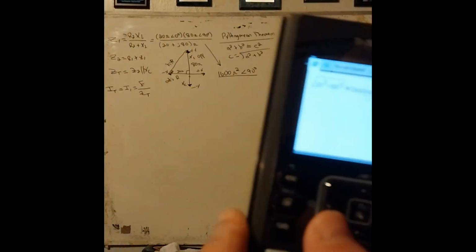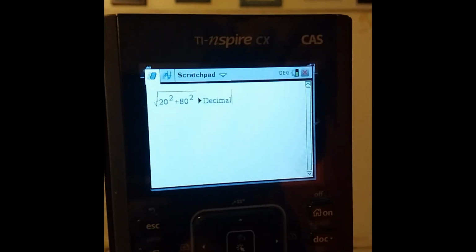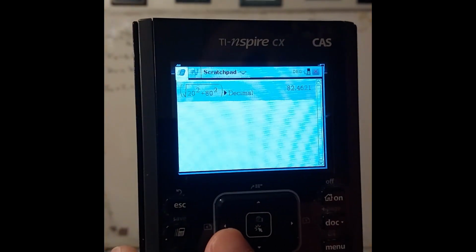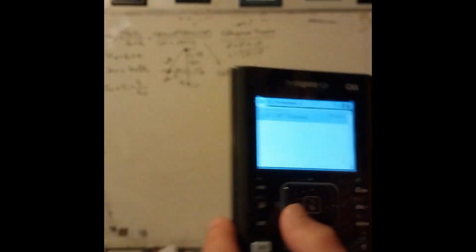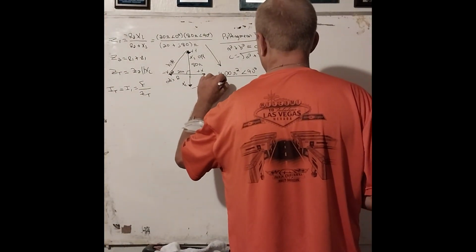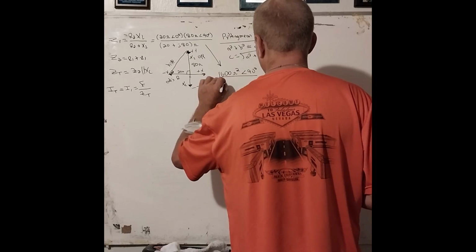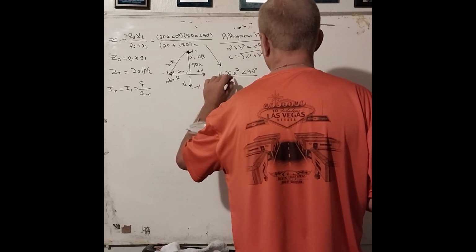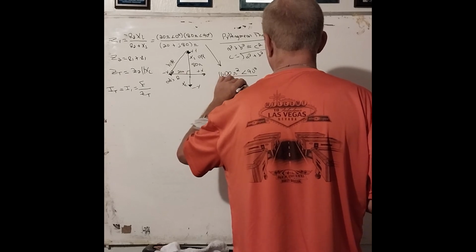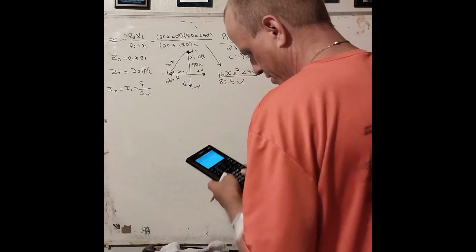I'll show it on the calculator. That becomes 82.46. And I'm going to use 3 significant figures. So 82.5 ohms at an angle of trig inverse.